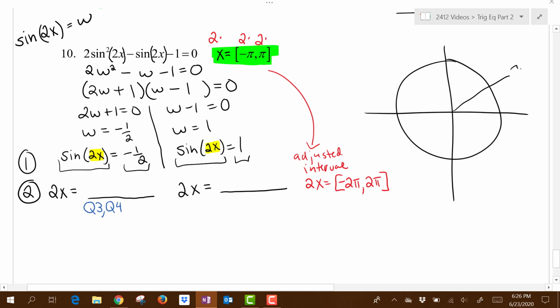I believe that's our pi over 6 reference angle family. Now remember, what we want is quadrant 3 and quadrant 4, was that 7 pi over 6 and 11 pi over 6.